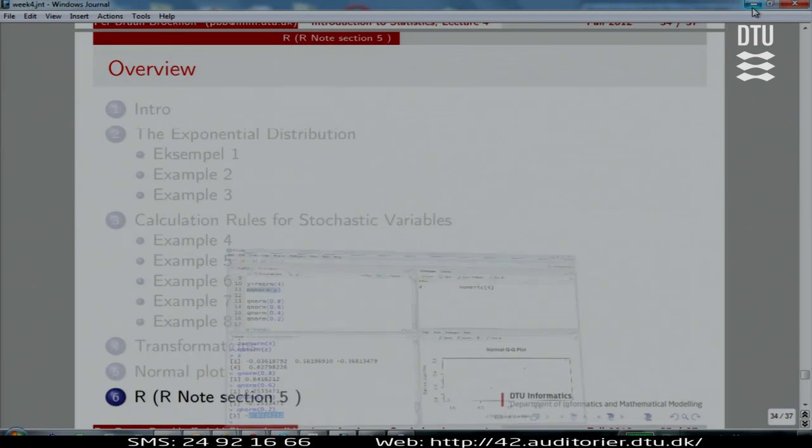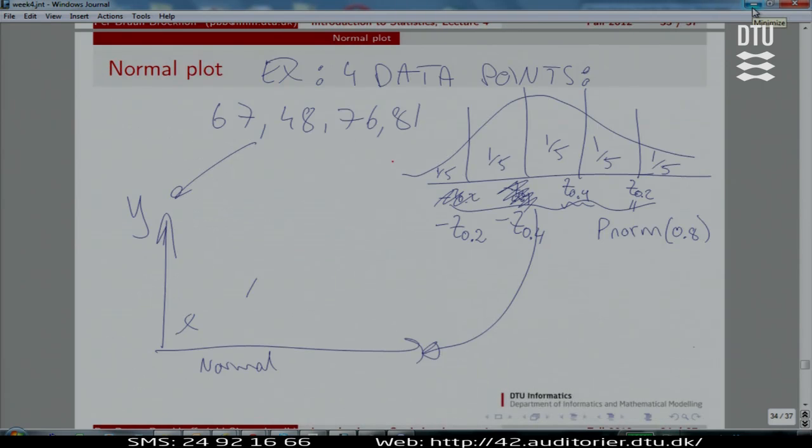I gave you, so far here, the book definition of the normal plot. Actually, there are several choices here. There are different options in R you could use also for these choices.